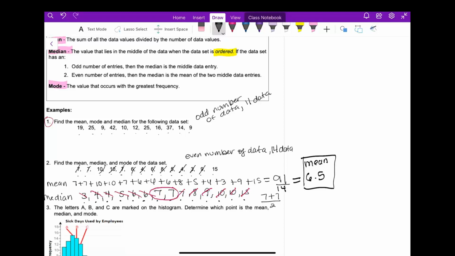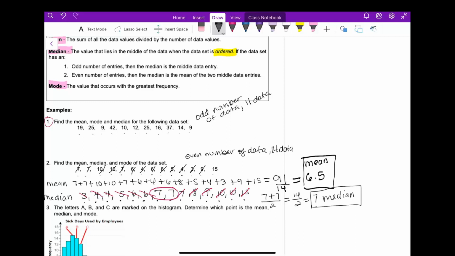We're finding an average of these two numbers. So in reality, we're doing what we did in the mean. We're taking 7 plus 7 and dividing by the amount of numbers, which is 2. So 14 divided by 2 is 7. It just so happens that it's the same number. It's not always the same number. So our median is 7.